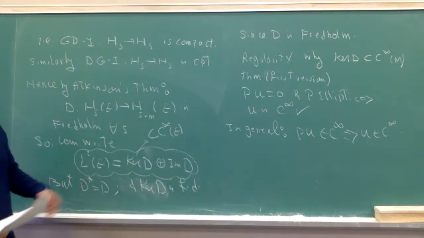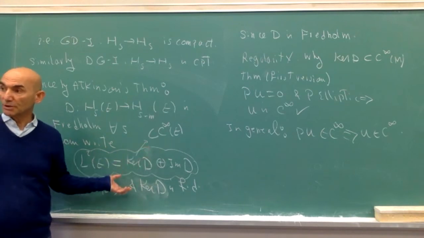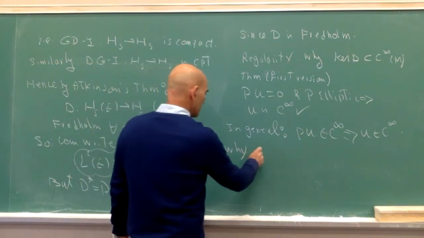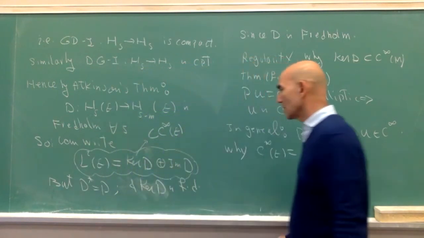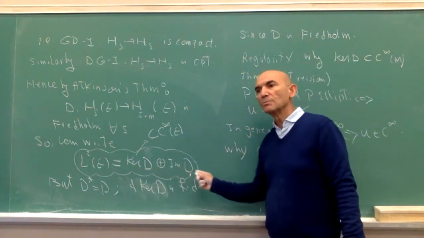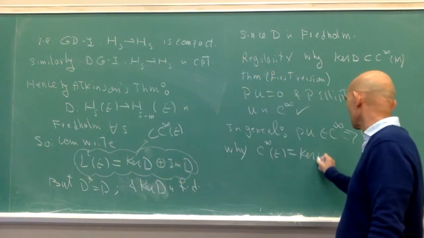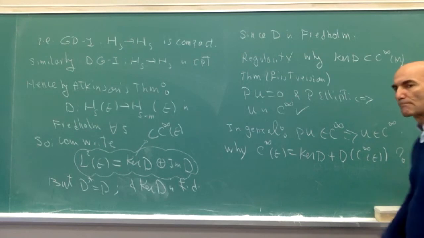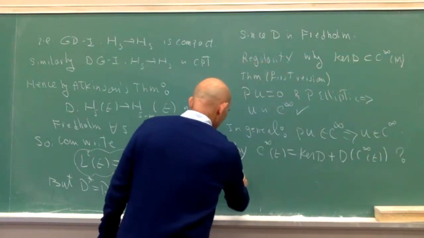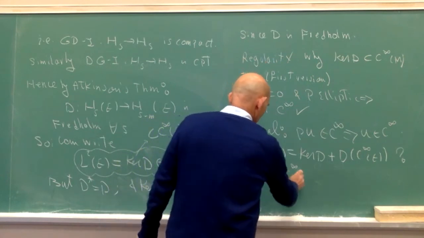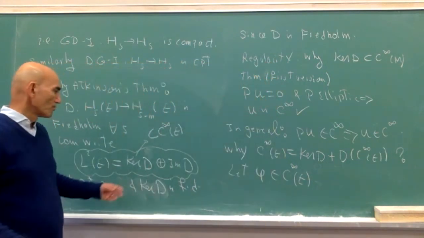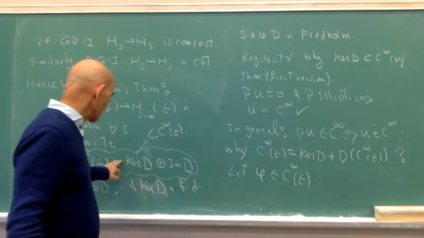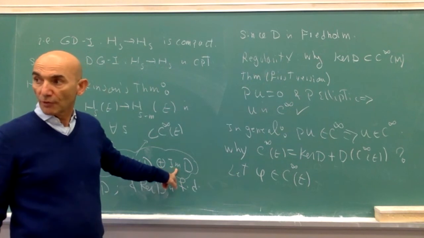That's good. But I want to know the decomposition for C infinity of E. So the last statement is: C infinity of E is actually equal to kernel of D direct sum D of C infinity of E. So now let phi be in C infinity of E. Right, so let's take a smooth section.